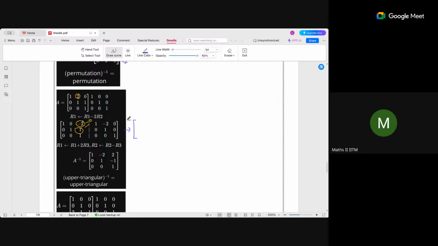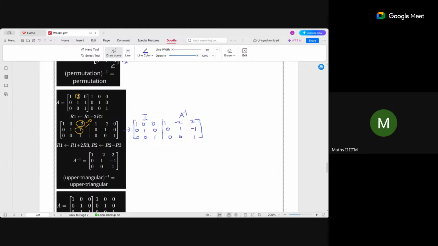R1 replaced with R1 plus 2 R3: 1, 0, 0. 2 times R3 means this is 0, so this remains the same, this remains the same, and this will become 2. For the second row, I replace with R2 minus R3. This is the same, this is the same, this is 0, and this is 0, 0, minus 1. And 0, 0, 1.